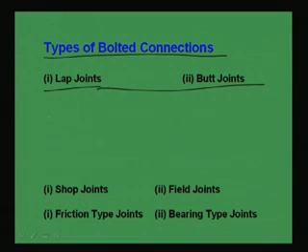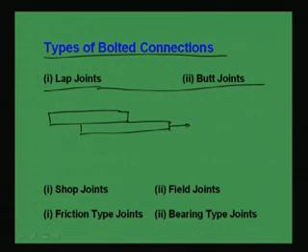In case of a lap joint, say two plates are lapped and say force is acting like this. The bolt will look like this, and this is the thread. So in this way one can see.